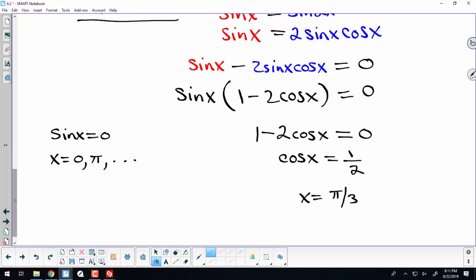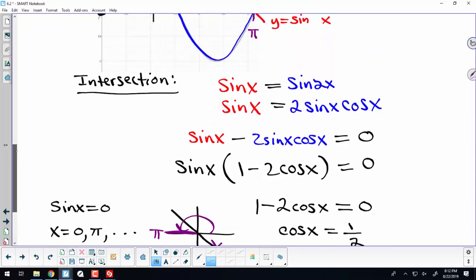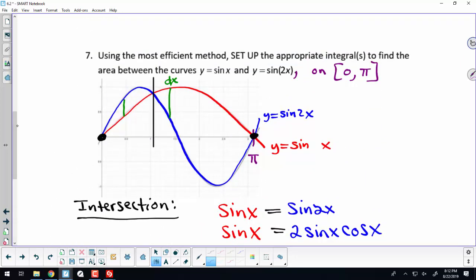And where else? 2 pi over 3 is over here, cosine is negative over there. Yeah, 5 pi over 3. Do we need to worry about that? 5 pi over 3 is over here. Remember, we're stopping at pi. We're stopping here, so we just want those. We don't want that. So that intersection that we drew the solid line at, that intersection is pi over 3.